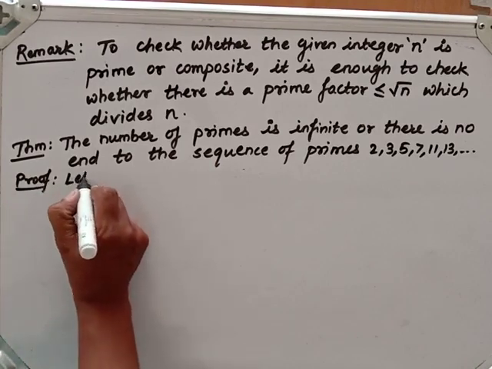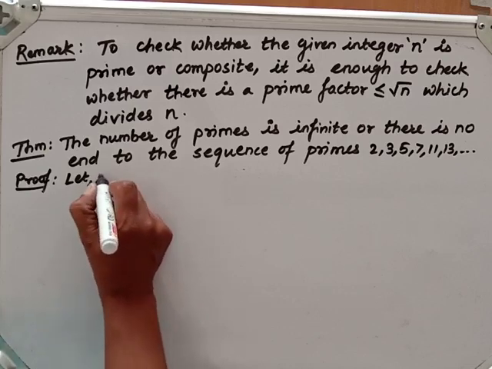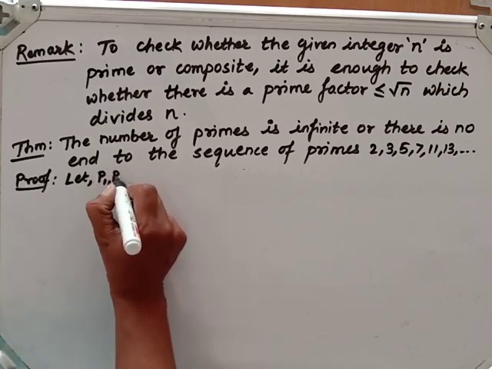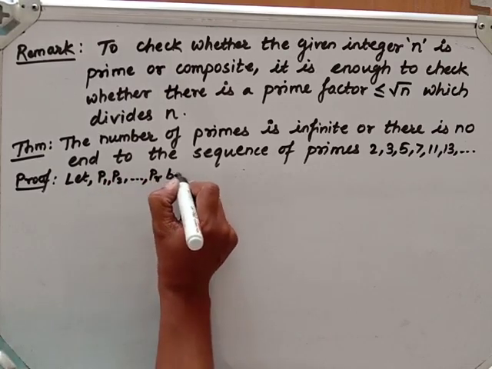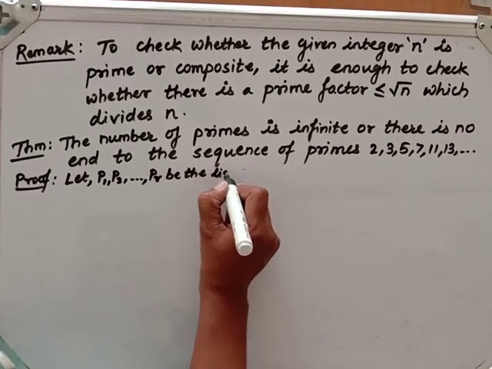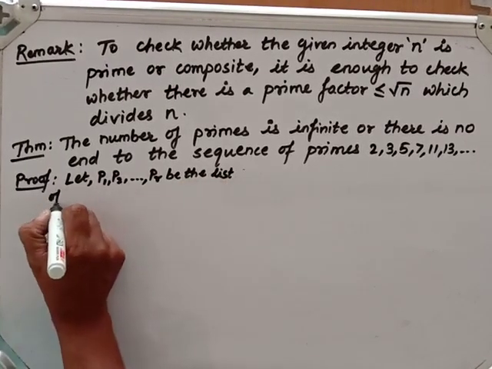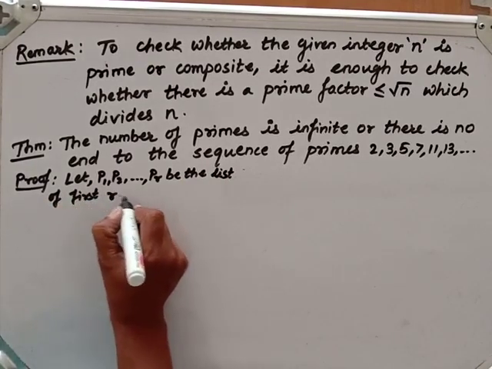Let P1, P2, and so on up to Pr be the list of first r primes.